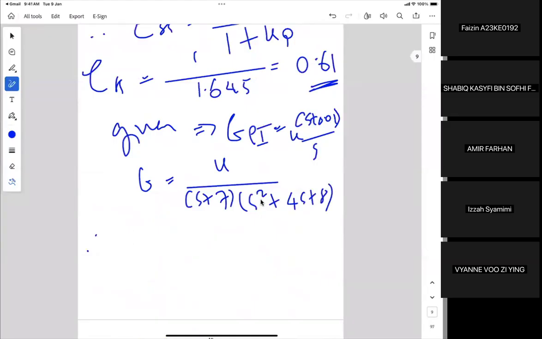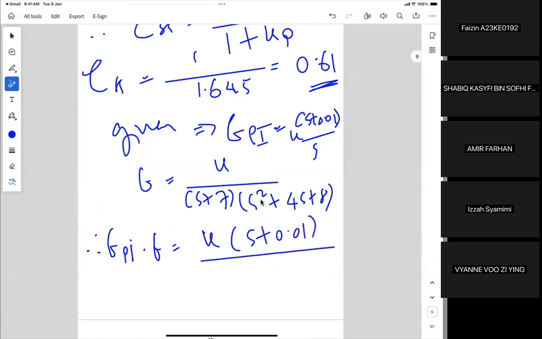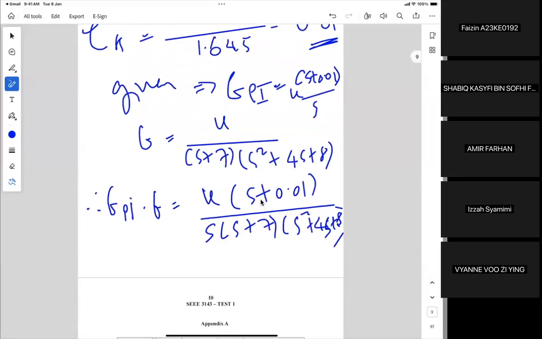So GPI multiplied by G, you will get K times s plus 0.01 over s times s plus 7 times s square plus 4s plus 8. Correct, guys? Yes, doctor.